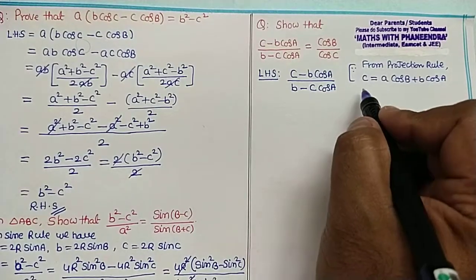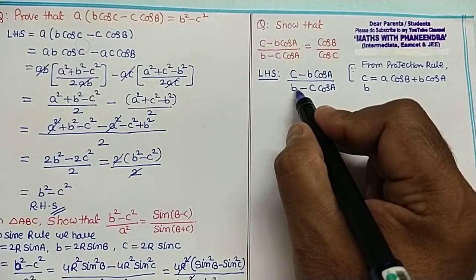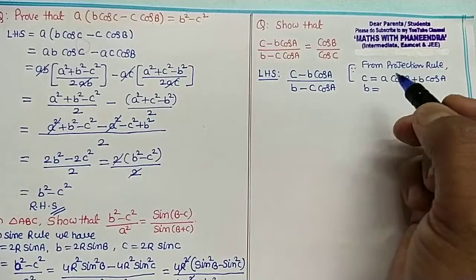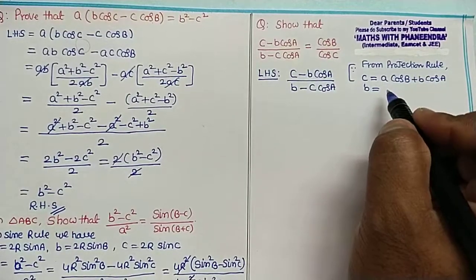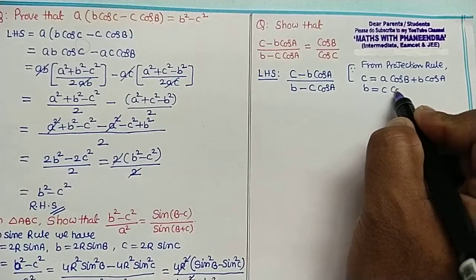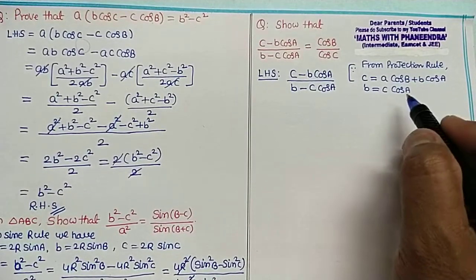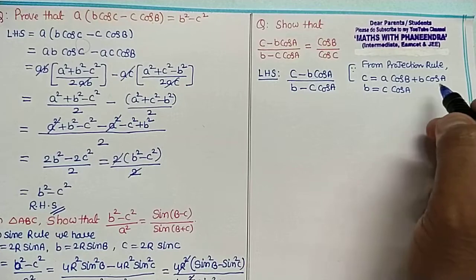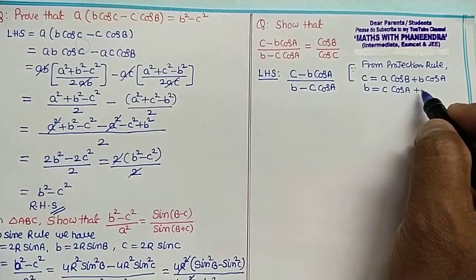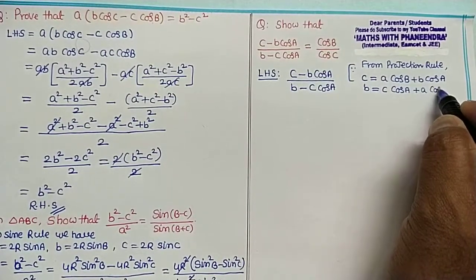Similarly, small b equal to, here this value I am writing, equal to small c cos a. Here b is there, means other than these two you have to write. B other than means a and c only, no? A and c relation. So small a into cos c.